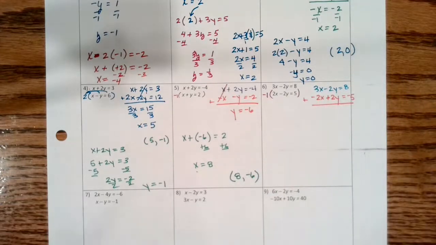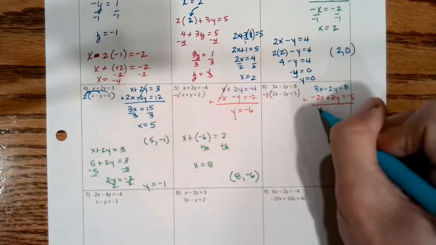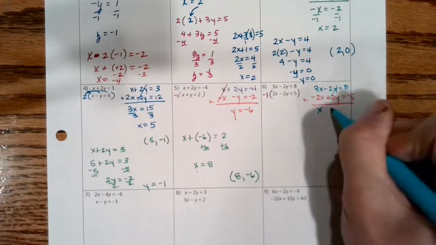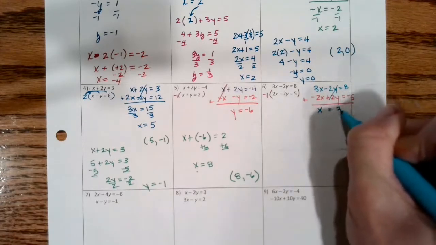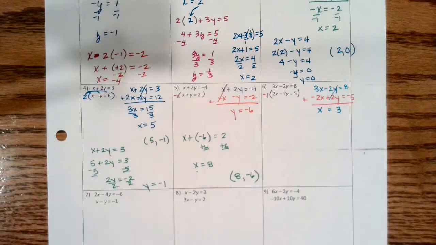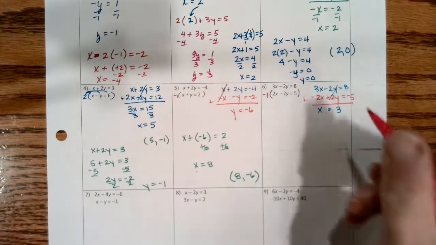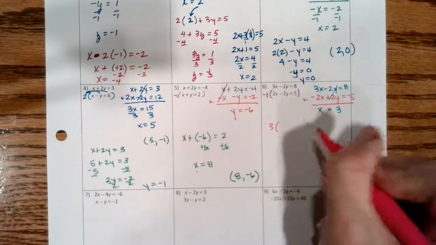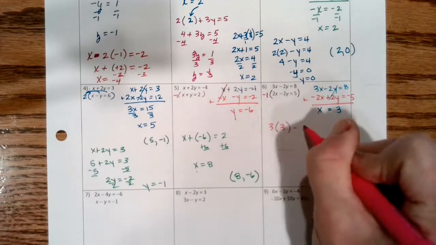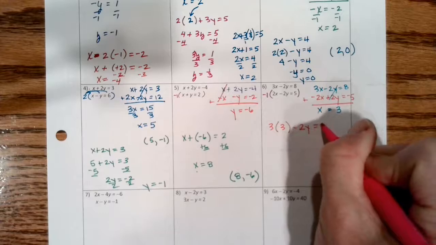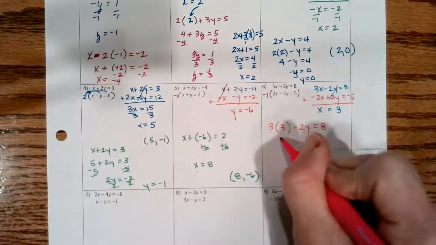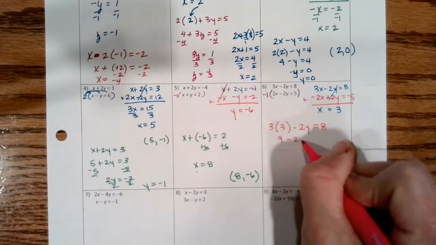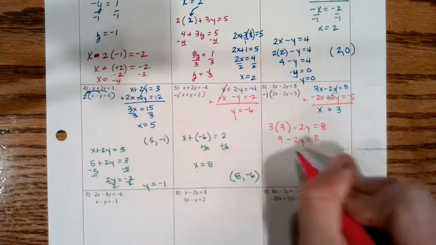When I add my equations together, I get 1x, these cancel out, is equal to positive 3, and I'm already done. When I substitute into my other equation, I have 3 times my value for x minus 2y is equal to 8. 9 minus 2y is equal to 8.